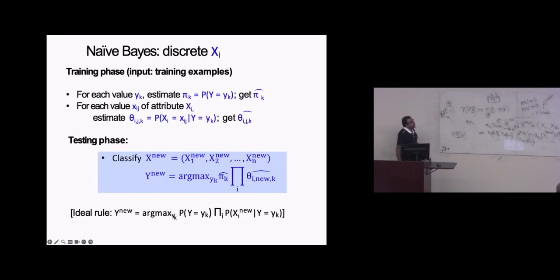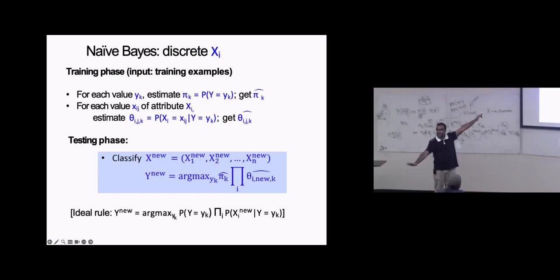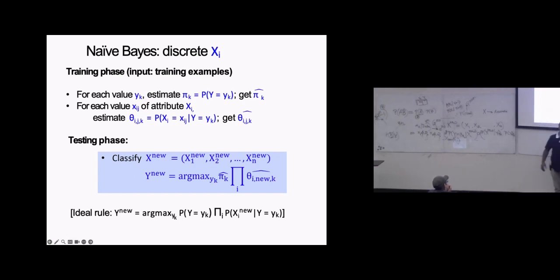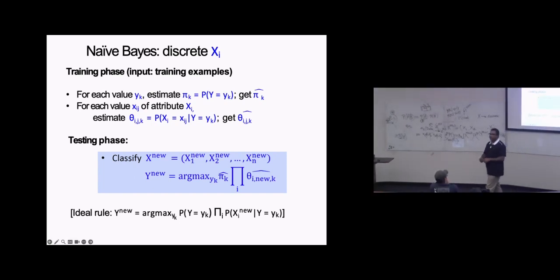So how do you then do the training and testing? The question that you had is basically, during the training, you compute, based on the training data set, the priors and the likelihoods. And then once you get a new data set in the testing phase, you just multiply those likelihoods and the prior to figure out whatever yk is maximum.